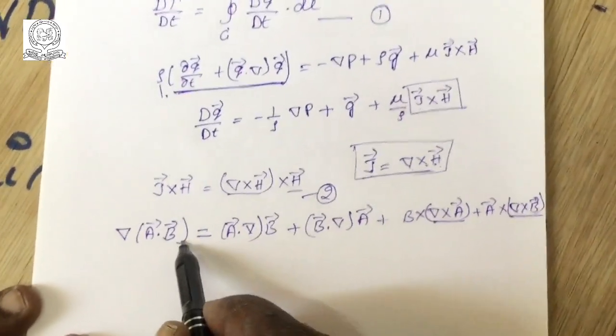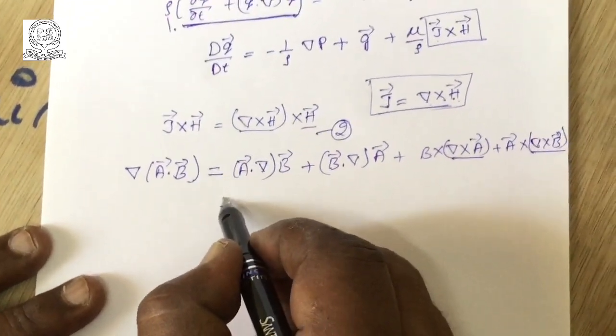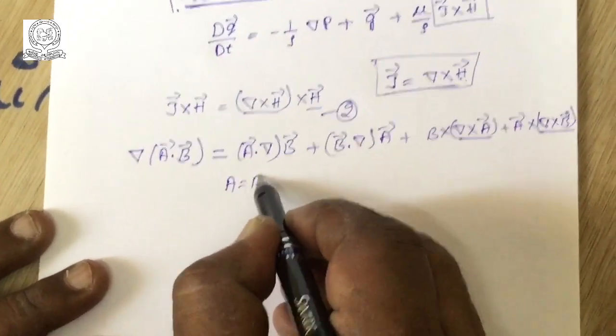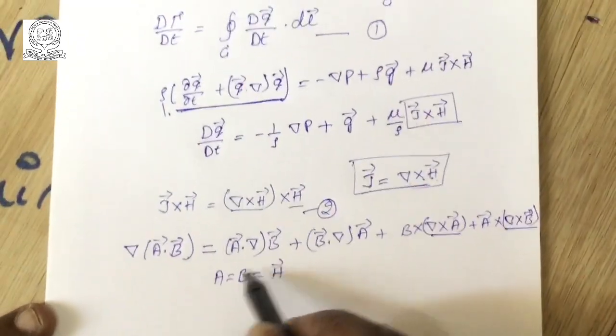By using this vector identity, by substituting A equal to vector H and B also equal to vector H, meaning the magnetic field.